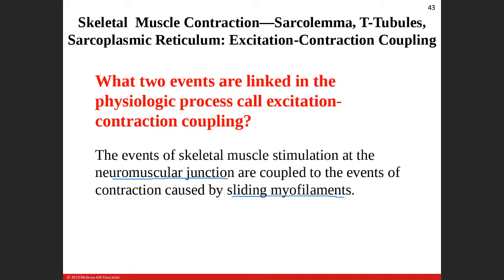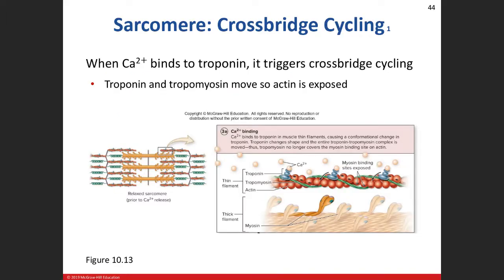But in the middle, that's where we have our excitation-contraction coupling. What we just talked about: that action potential rolling down the sarcolemma, heading towards the T-tubule, releasing calcium from the sarcoplasmic reticulum terminal cisternae.